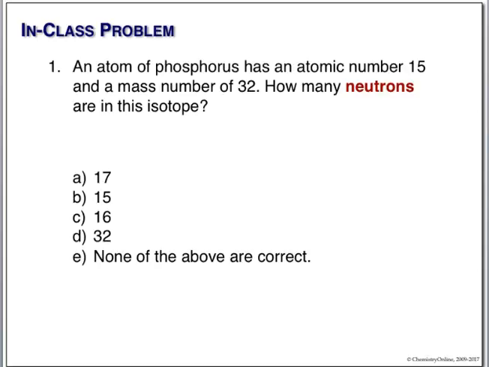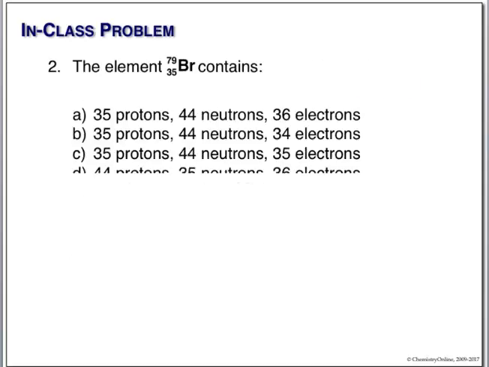So, say 17. Remember, what is a mass number? Mass number is protons plus neutrons, right? Now, if the mass number is 32 and 15 of those are protons, 17 must be neutrons. See, you can do this. Any questions?